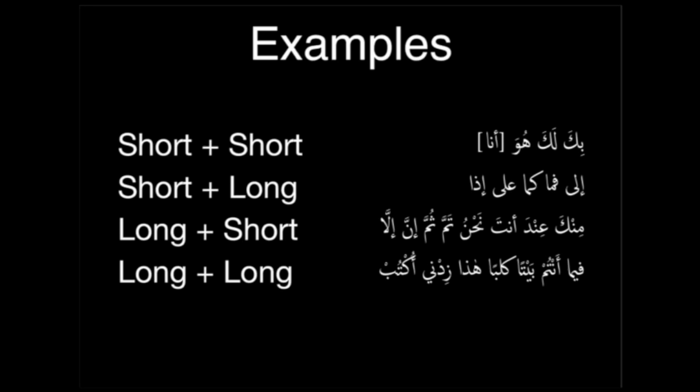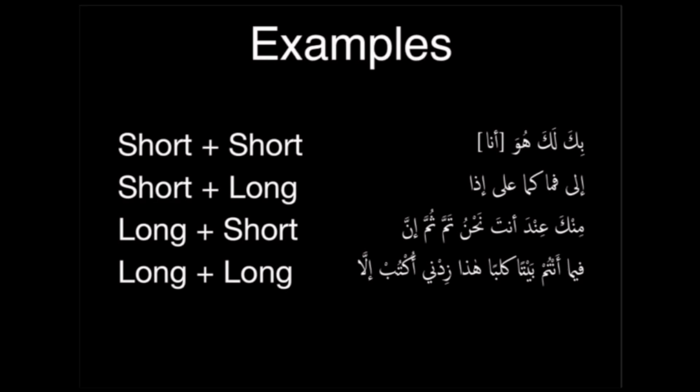So you're almost always going to see these syllables in combination, whether that's short plus long. You can also have long plus short. So some examples of long plus short would be minka, inda, anta, nahnu, tamma, thumma, inna. And then I gave you illa, but that's not correct.